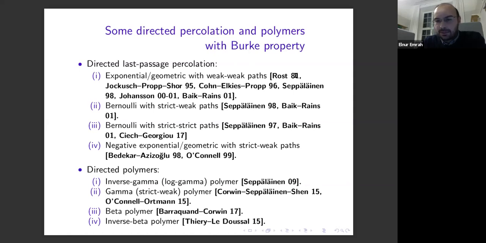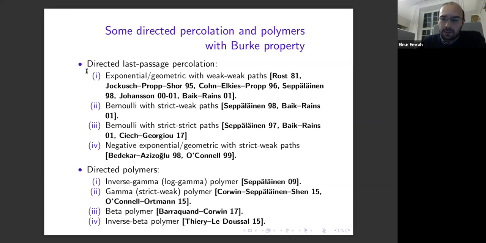I intended to include where the models first appeared and also where this increment-stationary structure was first utilized. The case we are discussing here is this exponential model with weak paths, but the structure of our arguments has the potential to be generalized to these other settings as well.